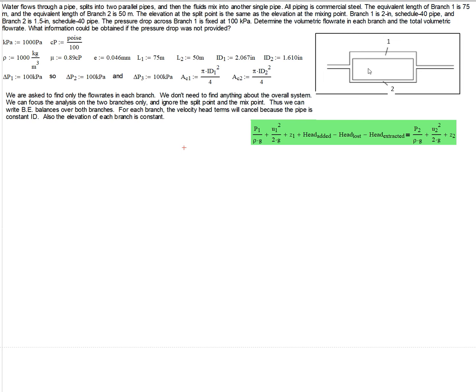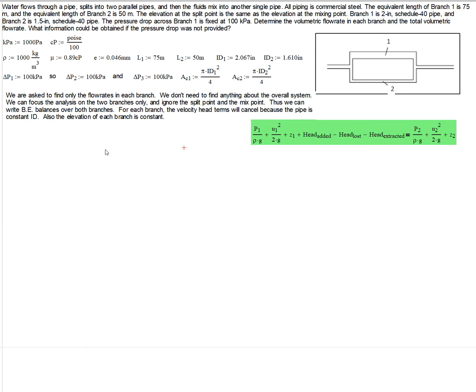It's not a simple calculation. There are competing factors that are going to influence the flow rate. Now we are told that we know the pressure drop in branch 1, and that is controlled at 100 kilopascals. Based on this information, how do we calculate the flow rates in these two branches?